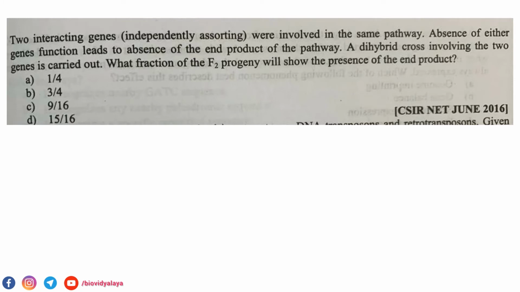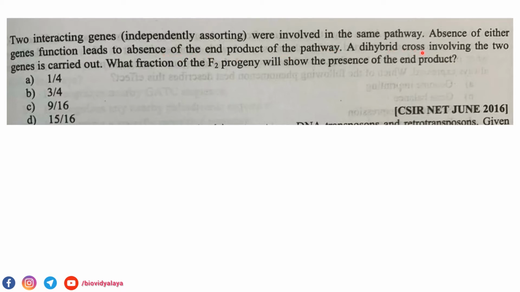So let's start with the first question. This is a question from CSIR NET June 2016. Two interacting genes independently assorting were involved in the same pathway. Absence of either gene's function leads to absence of the end product of the pathway.